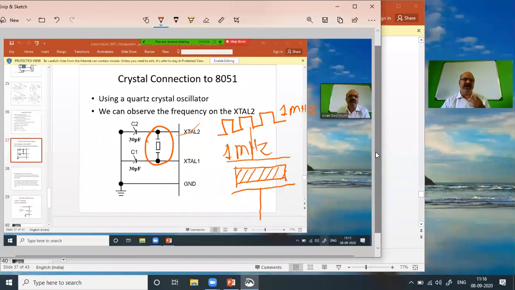Of course, they are available at a cost of 20 rupees, 25 rupees. Whereas piezoelectric ceramics are available at a cost of 5 rupees. So you can say that cost is almost 3 times or 4 times as compared to the piezoelectric crystal. So where cheap systems are required, we use piezoceramics. Where efficient systems are required, we use piezoelectric. That is the only difference. Okay, I think this part is clear.